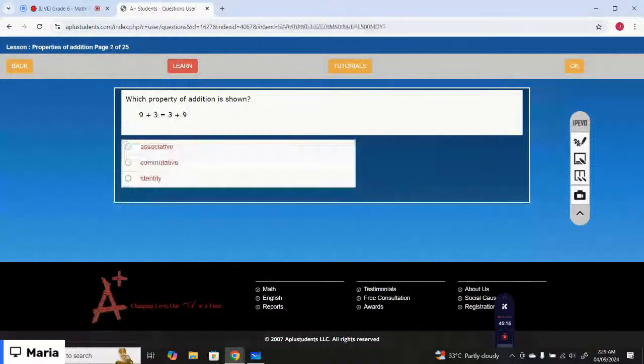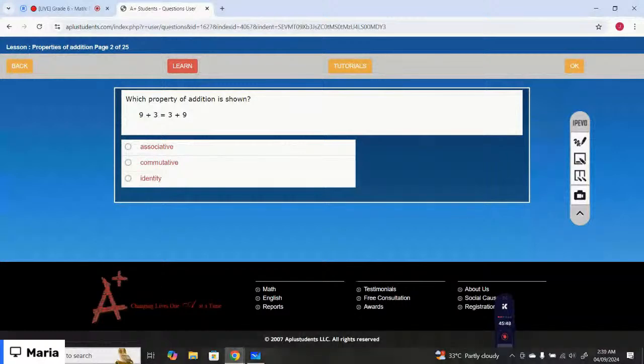Okay, which property of addition is shown? 9 plus 3 equals 3 plus 9. Which is the correct option? That is the commutative property, right?